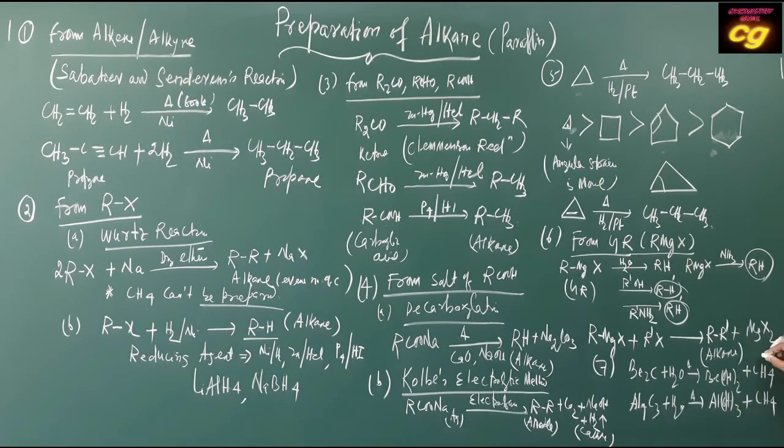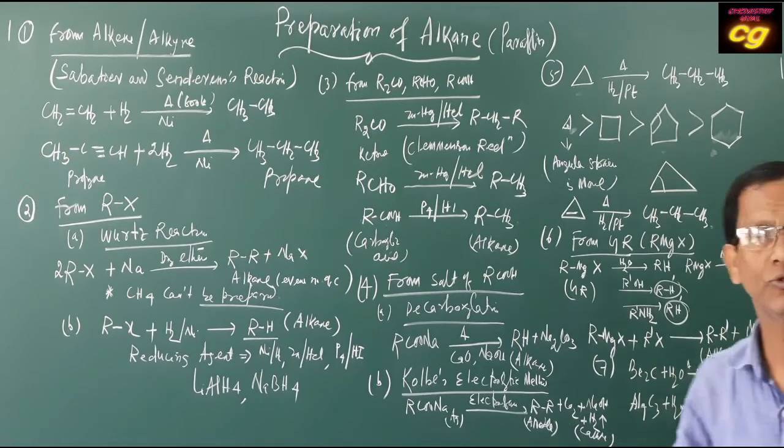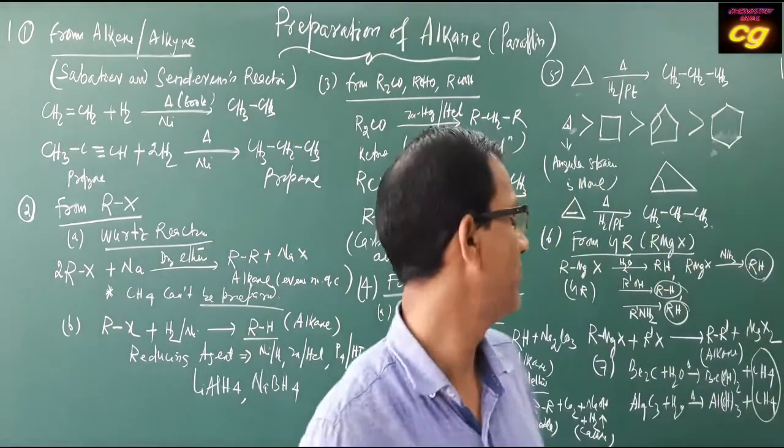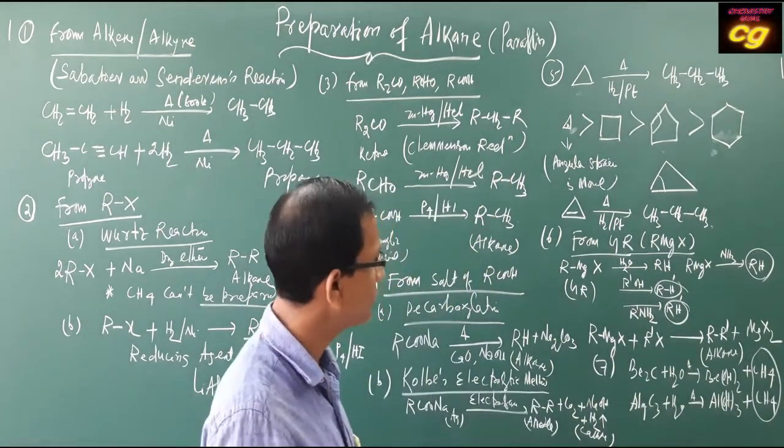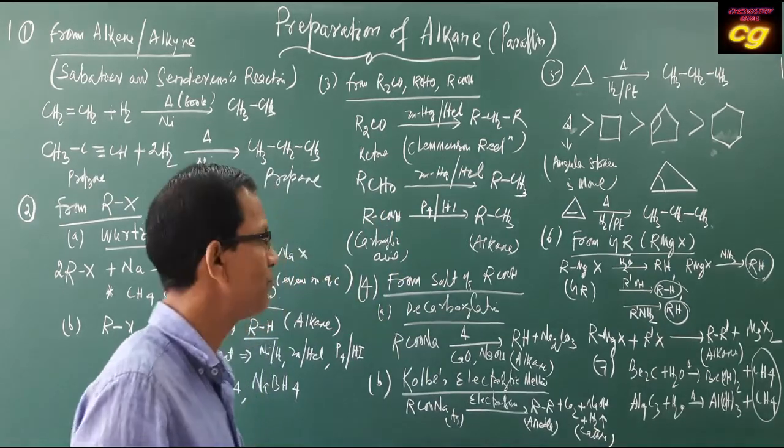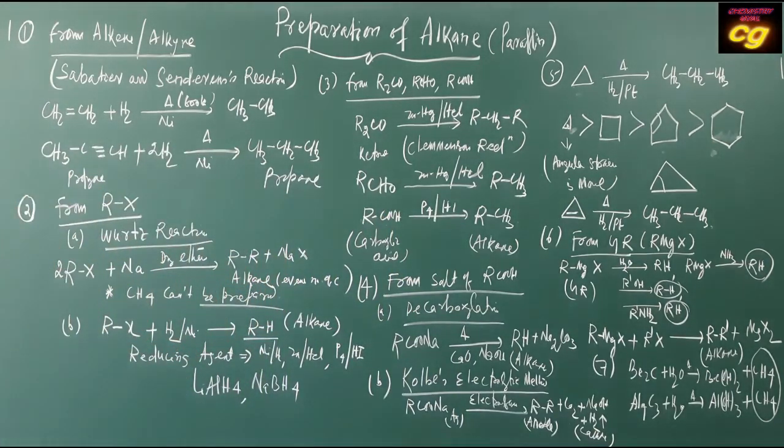This is only a specific preparation of methane. Beryllium carbide and aluminium carbide react with water to produce methane gas. Because beryllium and aluminium have a diagonal relationship, both carbides produce alkane. So these are some important methods of preparation of alkane.